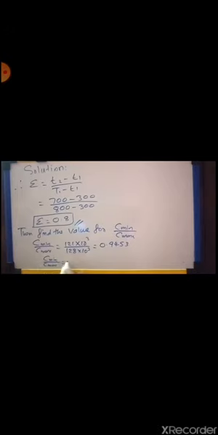That is, C minimum by C max is equal to 121 into 10 raised to 3 divided by 128 into 10 raised to 3. We get the value for C minimum by C max as 0.9453.